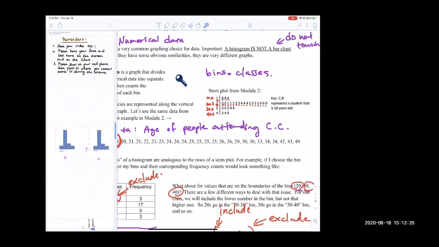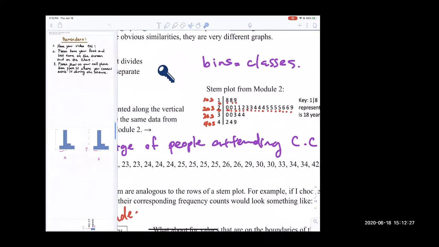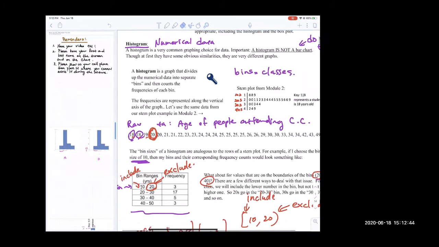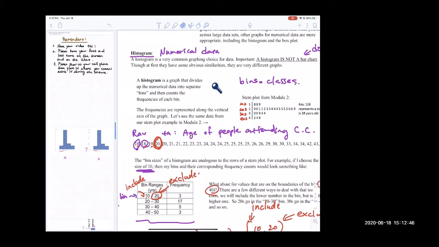So when you look at something like this, a stem and leaf plot, a stem and leaf plot organizes numerical data in a horizontal form. Basically you have raw data, I don't know why that was erased.